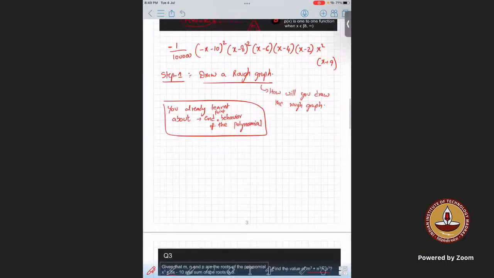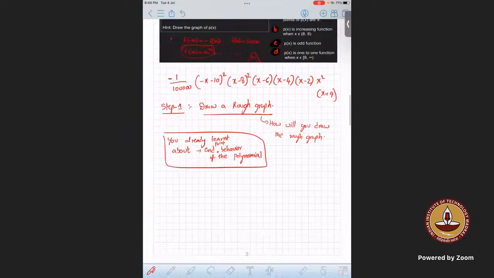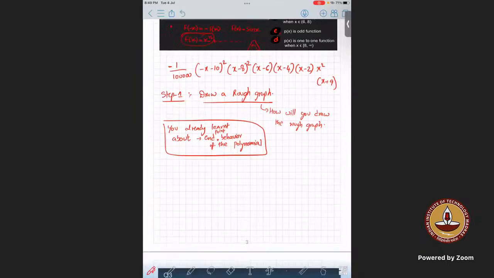Look here, first we have to see the roots, what the roots are. We write roots, and how many, I mean multiplicity. What multiplicity? How many times the root exists.